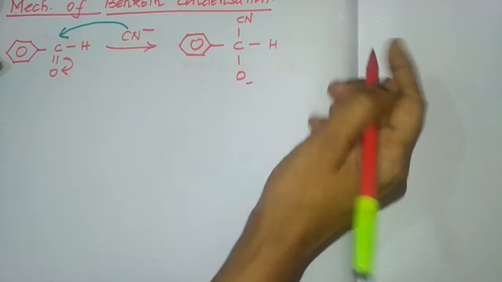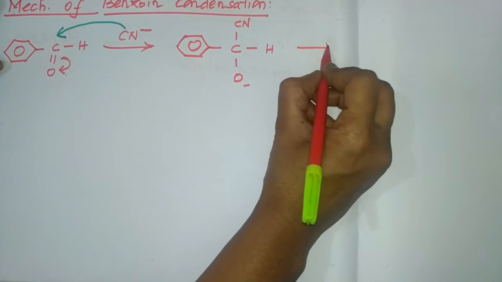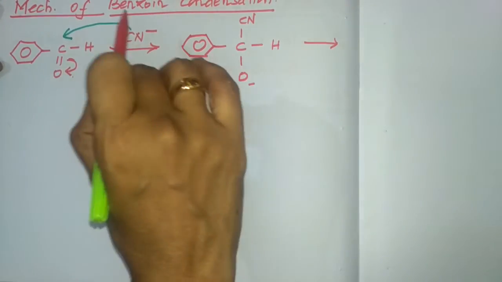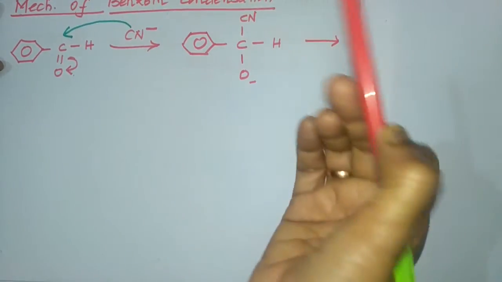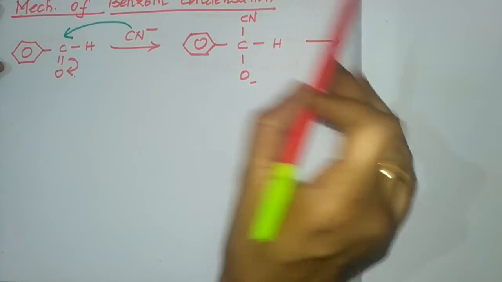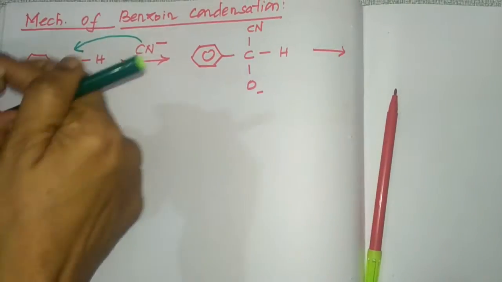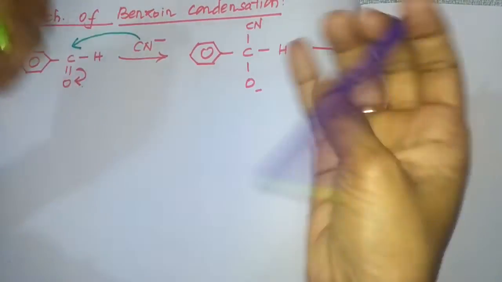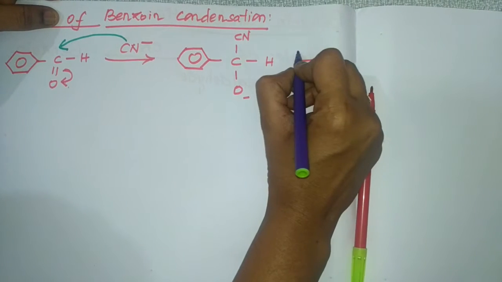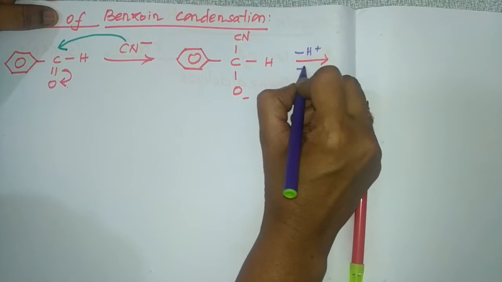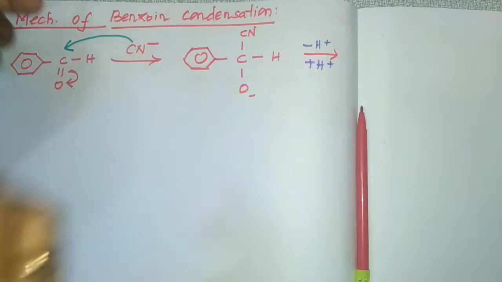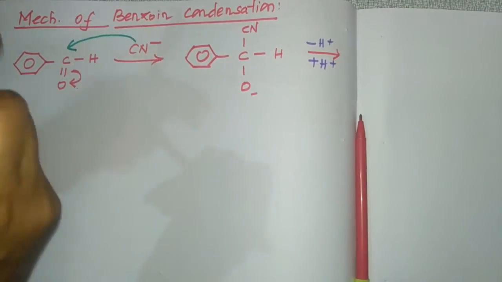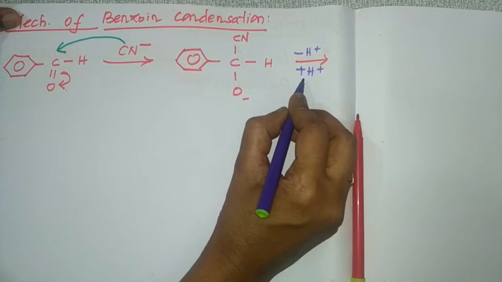Okay, and in this step what happens? Addition of H plus ion and removal of H plus ion will take place simultaneously. How does it take place?